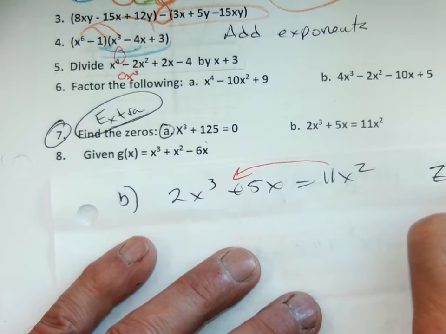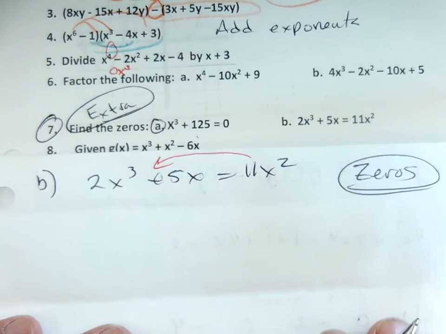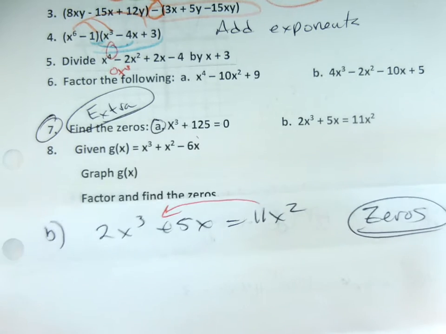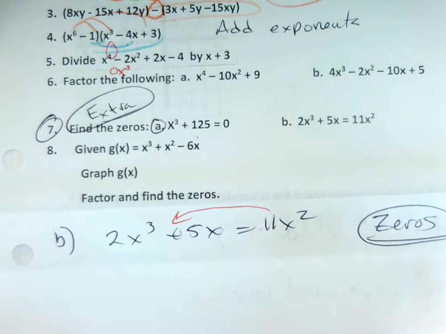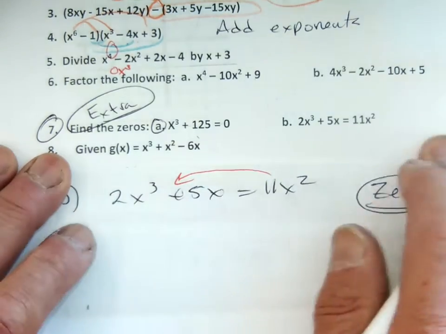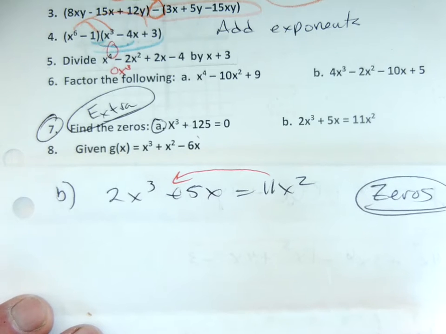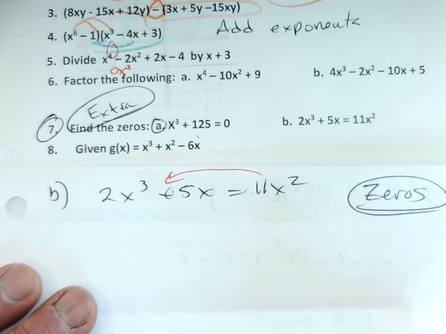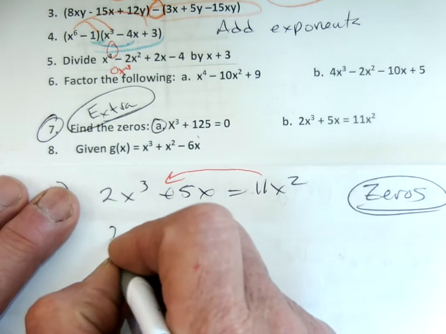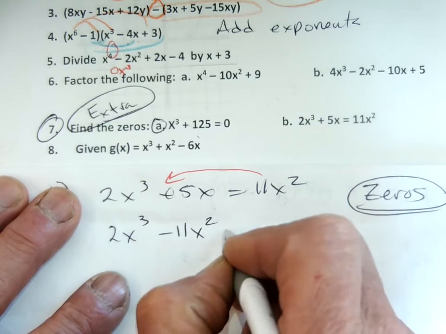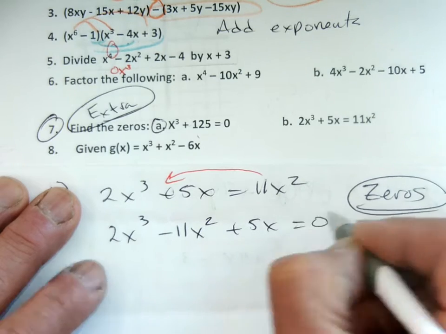I'm going to rewrite it as 2x cubed minus 11x squared plus 5x equals 0.